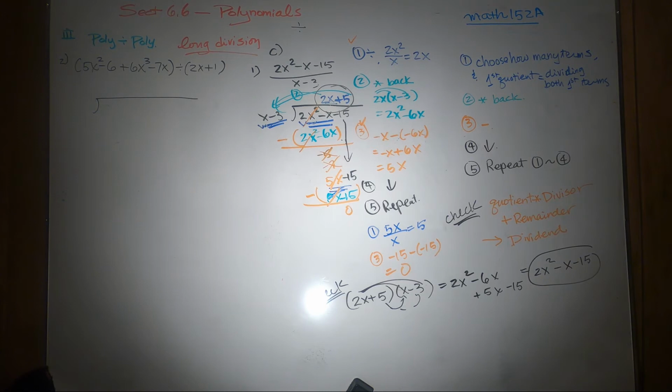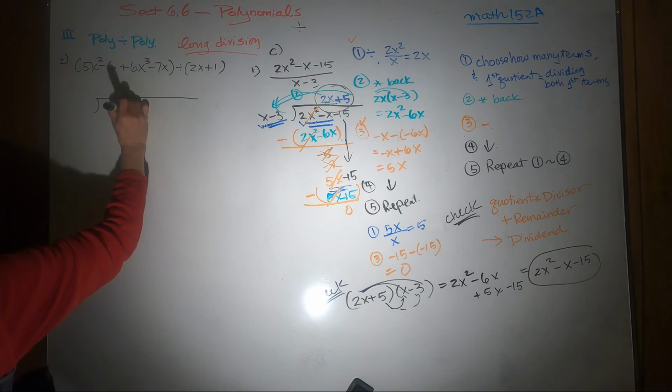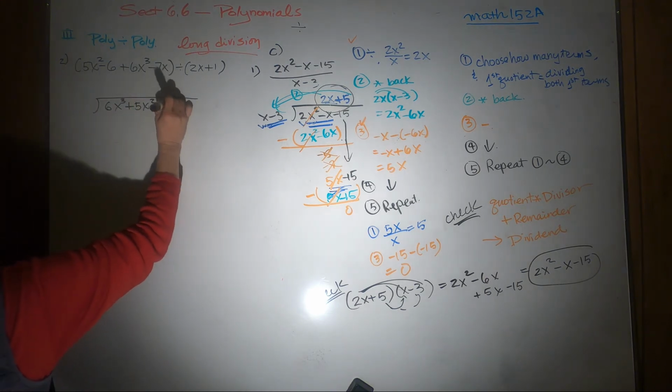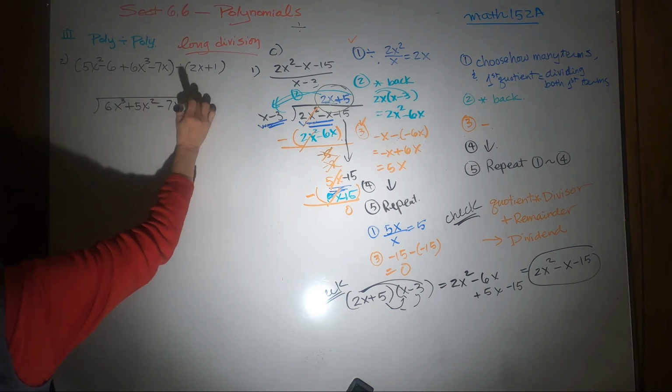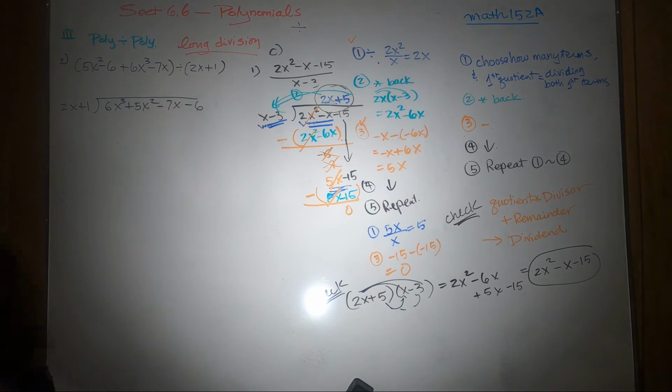So we have to write the dividend in standard form. How should we write it? The highest order to the lower one. So you need to write 6x cubed plus 5x squared, then minus 7x and minus 6. Is that right?